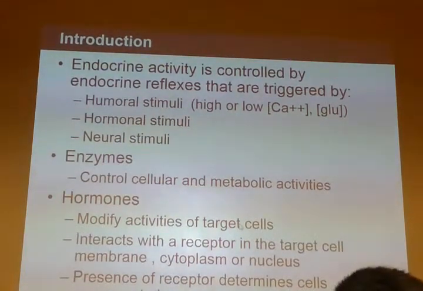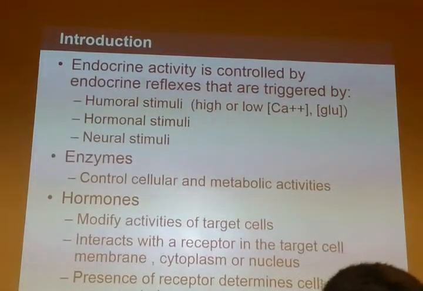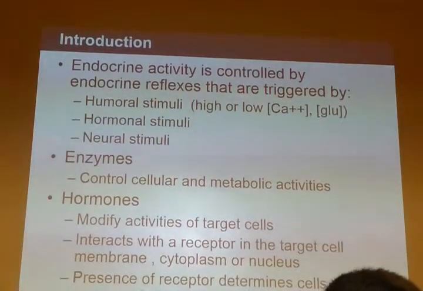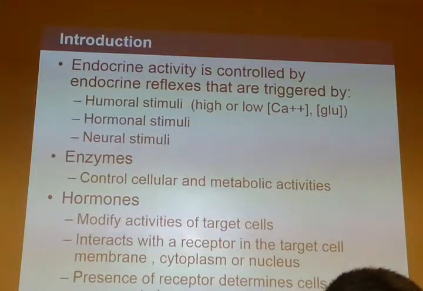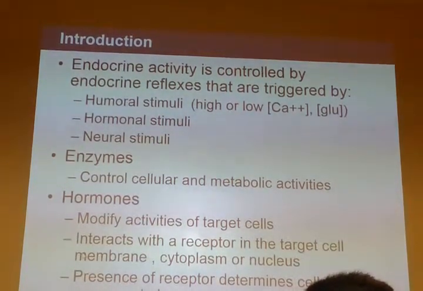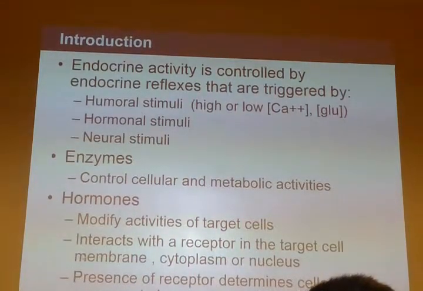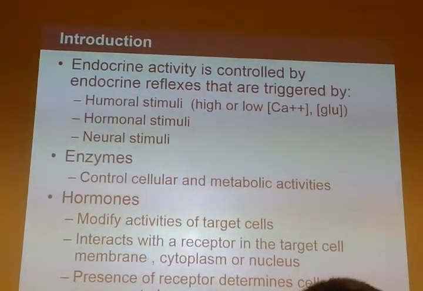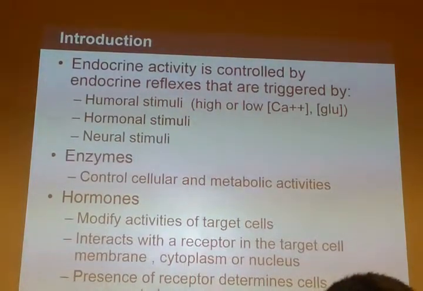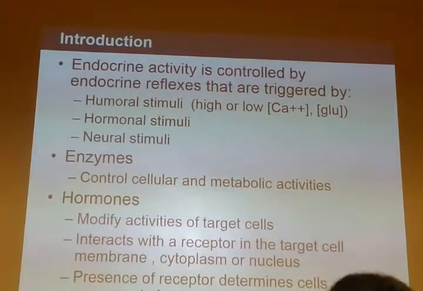Hormones change the target cell's activity. They may turn it on, they may turn it off. It depends on what the hormone does intracellularly. So the hormone may get into the cytoplasm, it may get into the nucleus, it may be excluded from the cell and have to have a plasma membrane receptor.